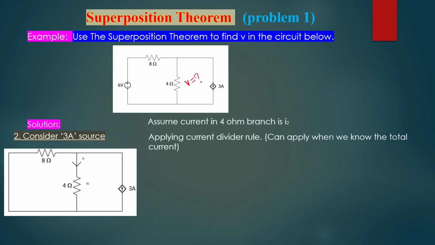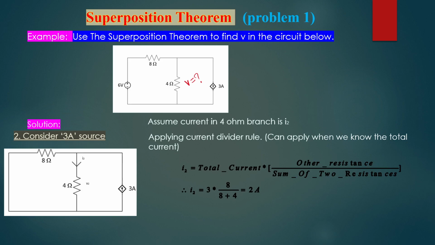For I2, the current through that branch is the total current into the other resistance divided by the sum of the two resistances, because here only two resistances are there, which we treat as parallel.